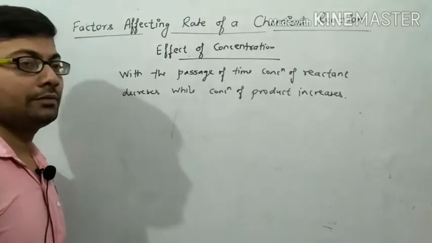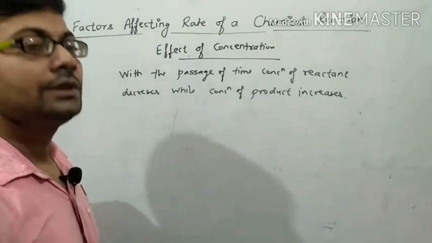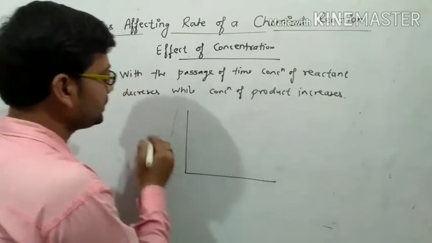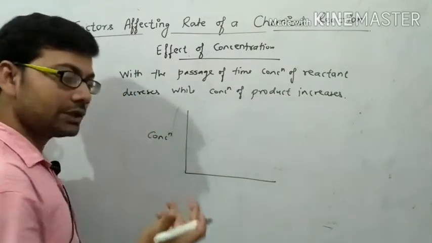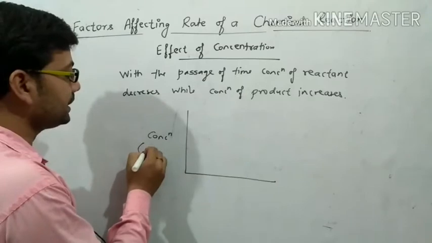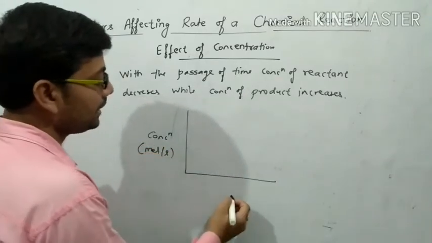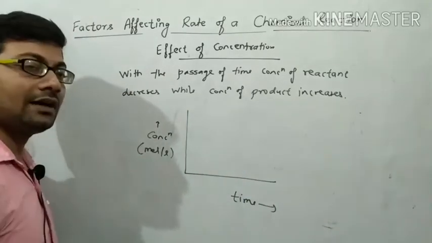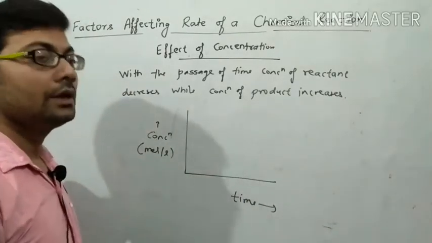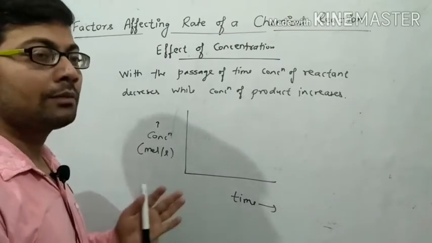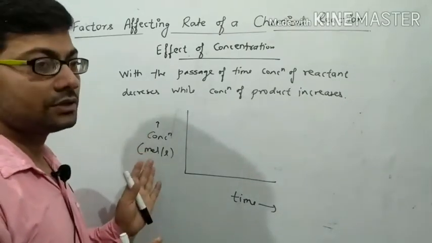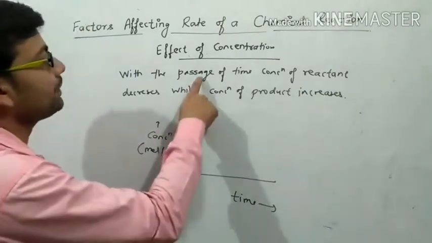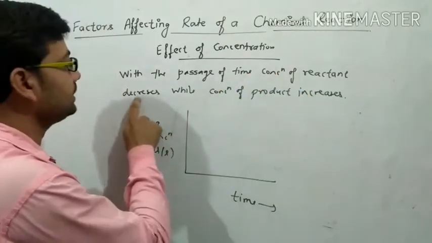As we plot the graph between the concentration and time, you can see how the graph looks. This is the concentration, which is always expressed in mole per liter, and this is the time on the x-axis. Here we take both the concentration of reactant as well as product. With the passage of time, the concentration of reactant decreases.